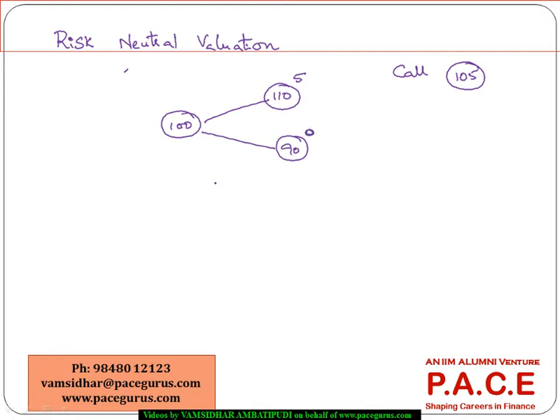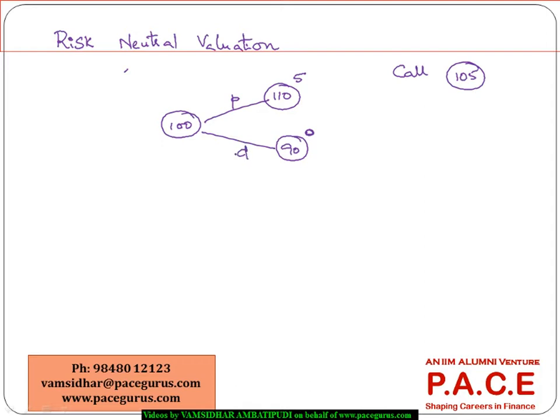Now what we are saying is, I could very well find out the value of this particular portfolio, or I could, using the risk neutral valuation methodology, first find out the probability of an upward movement and the probability of a downward movement.